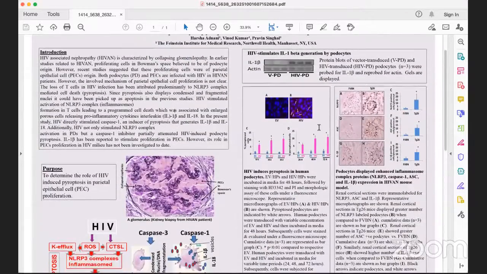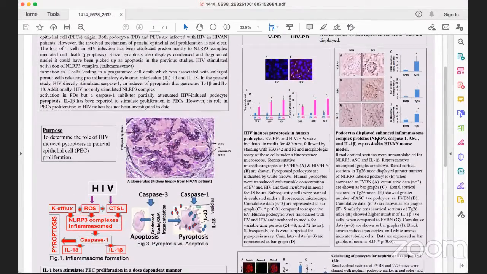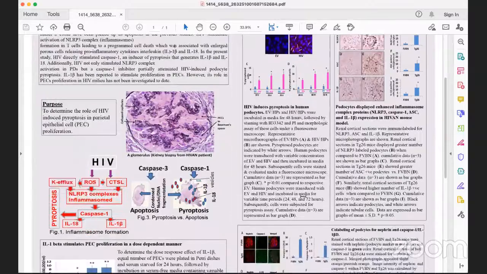Then we did subsequent experiments with immunofluorescence and immunohistochemistry, marking the cells and the tissues for podocyte markers, IL-1 beta, ASC, which is an apoptosis-like molecule, and NLRP3 in FABN mice and in TG26 mice.